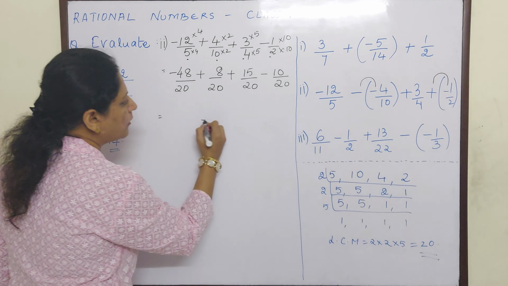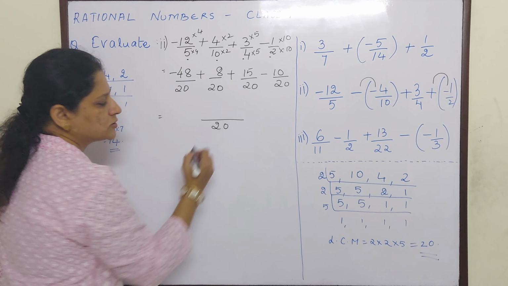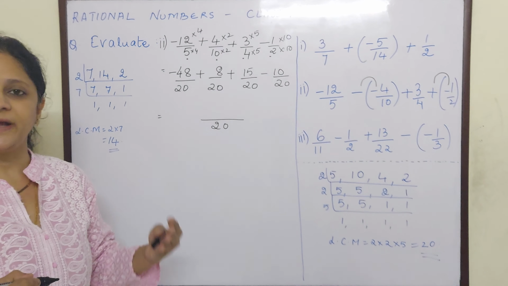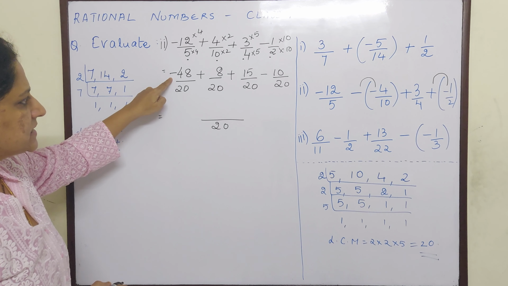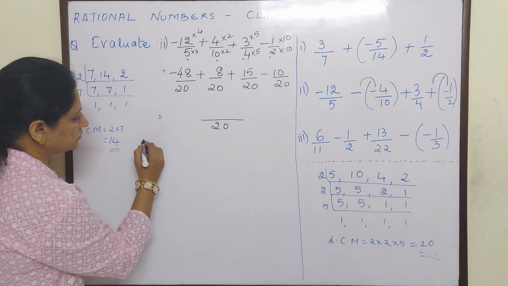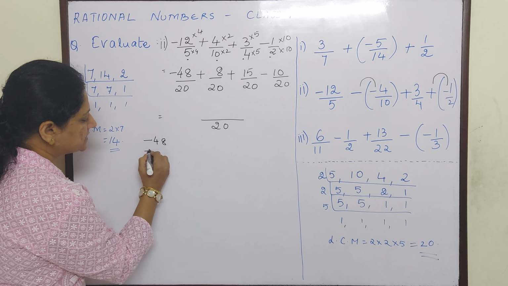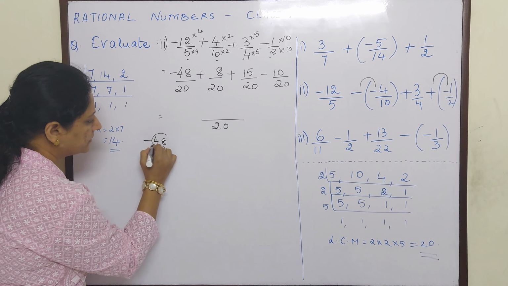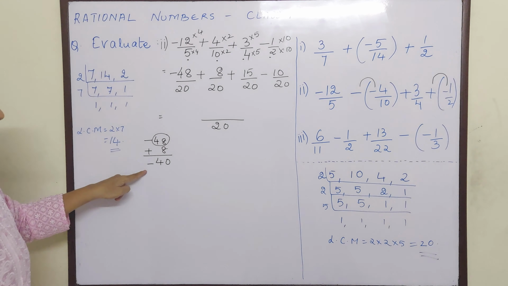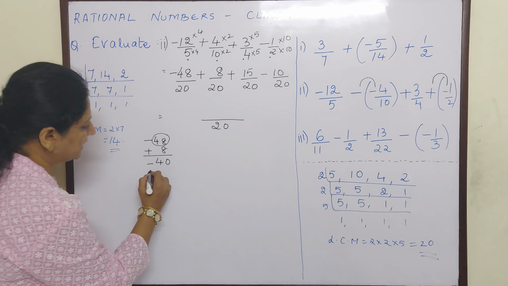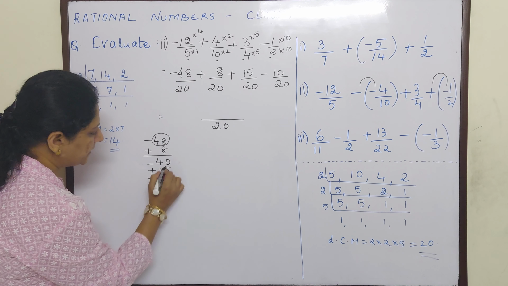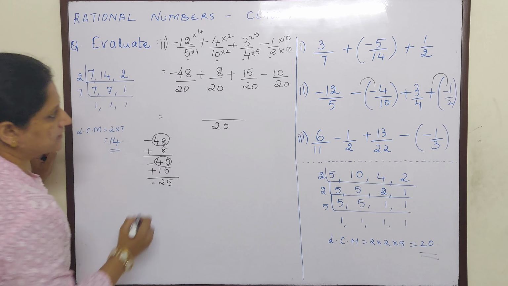Now we have all the denominators as 20, so we will do addition or subtraction based on their signs. Minus 48 plus 8: one plus and one minus means subtract, and take the sign of the greater number, which is minus, giving minus 40. Minus 40 plus 15: again subtract, sign of greater number is minus, giving minus 25.